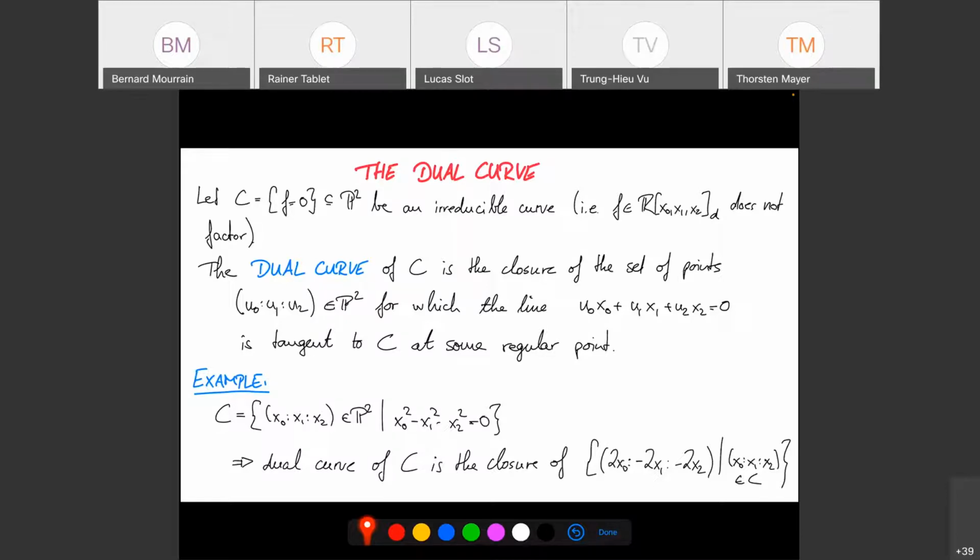So I want u0 to be 2x0, I want u1 to be minus 2x1, and I want u2 to be minus 2x2. But of course, I have the condition that the x's lie on the curve. So you can compute what this is in terms of the u's. Turns out that it's also the circle. So the circle is self-dual with respect to this duality notion for projective curves.